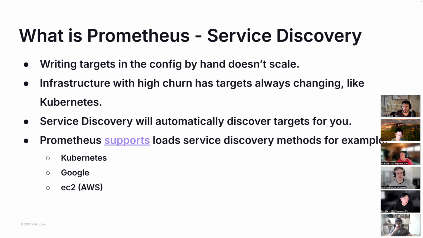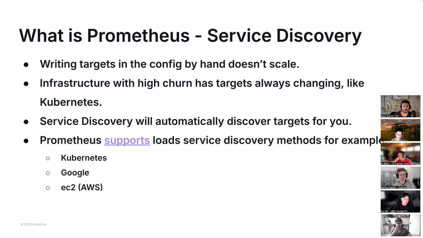As I said, you can write targets by hand, but what most people end up using is service discovery, because it is mostly used in Kubernetes land or cloud native deployments. If there's a lot of churn on infrastructure, IP changes, targets change all the time, so you usually add service discovery.